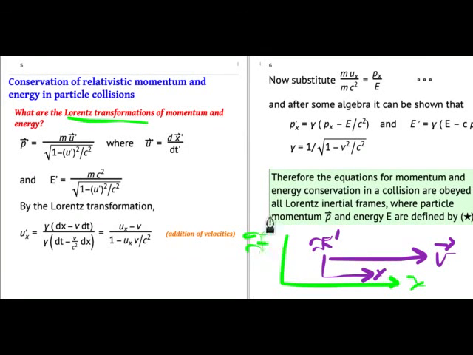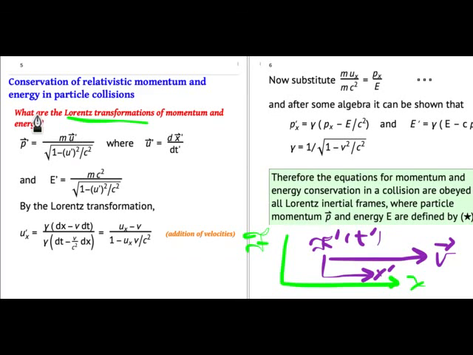And you want to know, how would observations of, let's say, a collision of two particles be observed by an observer using the coordinates of the frame F compared to an observer using the coordinates of the frame F prime? So this should be really x prime. And, in addition to these spatial coordinates, there's also a time coordinate. So this has a time coordinate t prime, and this has a time coordinate t.